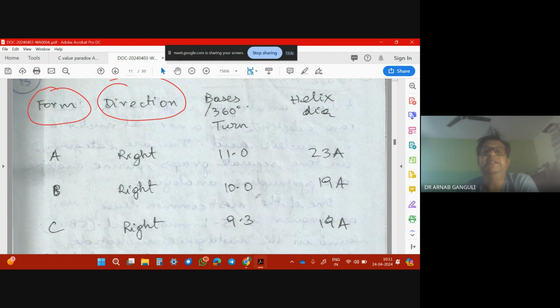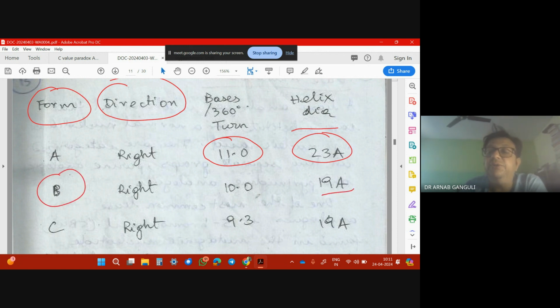And the number of bases per 360-degree turn. There are 11 bases in A DNA, and the diameter of the helix is 23 angstrom. B DNA, you have known 19 to 20 angstrom, and you have 10 bases per 360-degree turn.